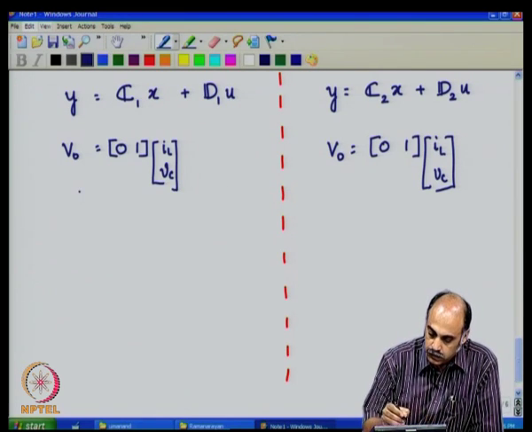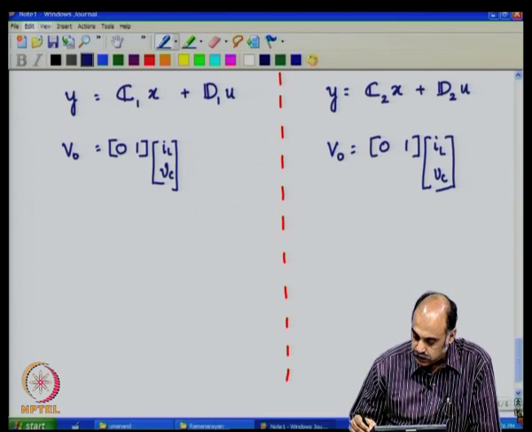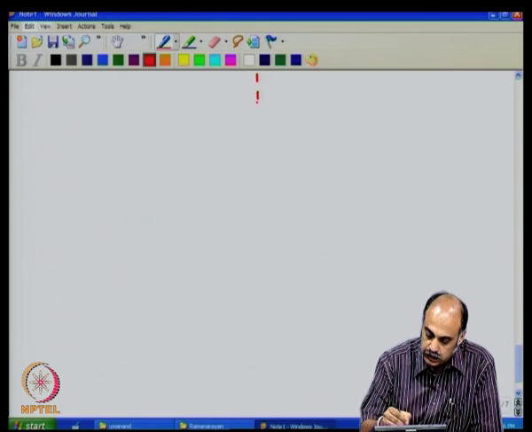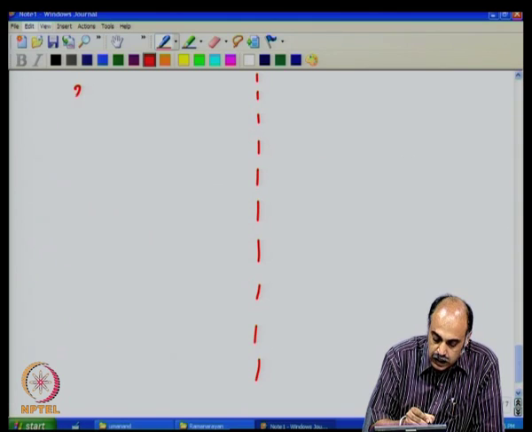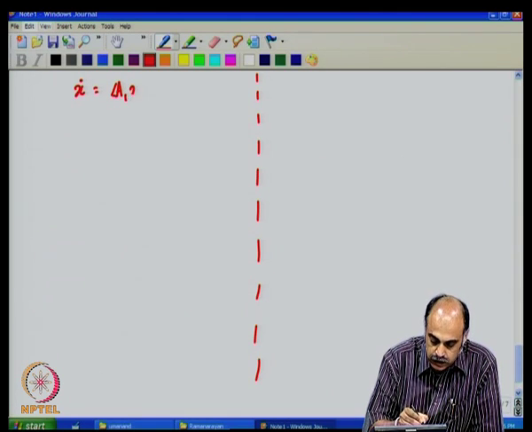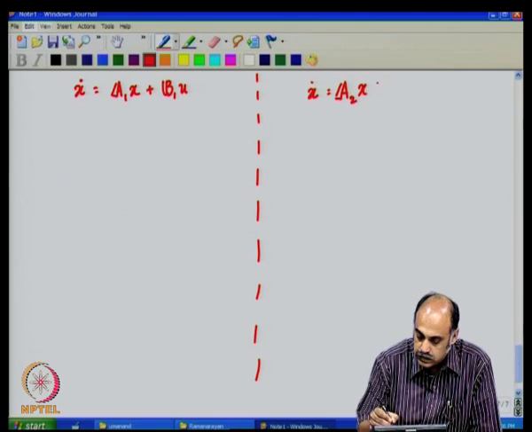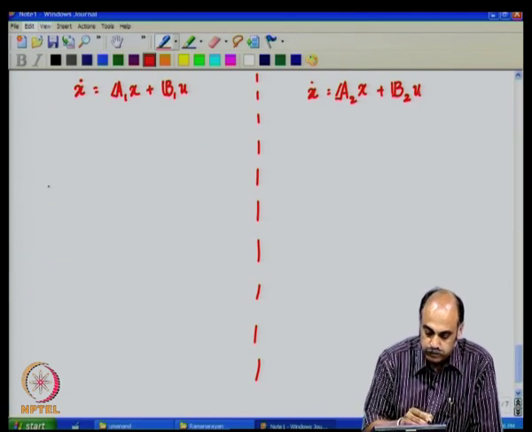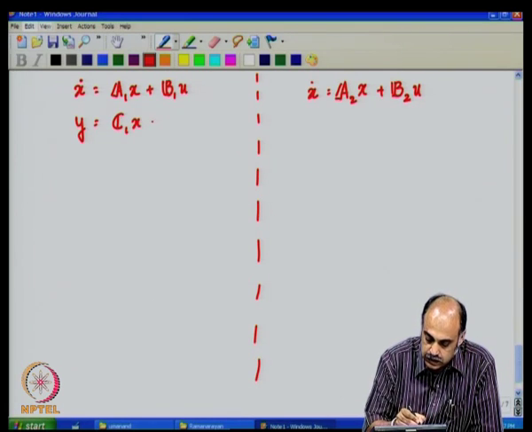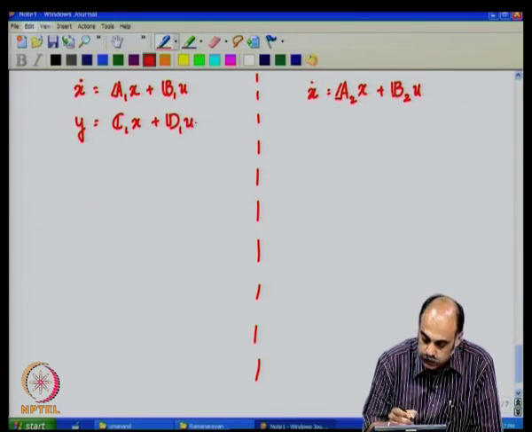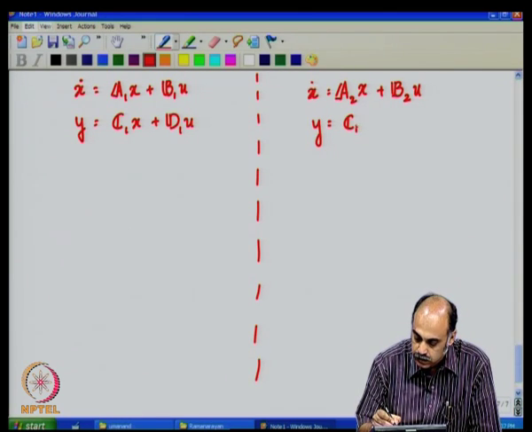Now, this set of equations during the period dT and the set of equations during the period 1 minus dT are called the large signal models. x dot equals A1 x plus B1 u, x dot equals A2 x plus B2 u, y equals C1 x plus D1 u, y equals C2 x plus D2 u.